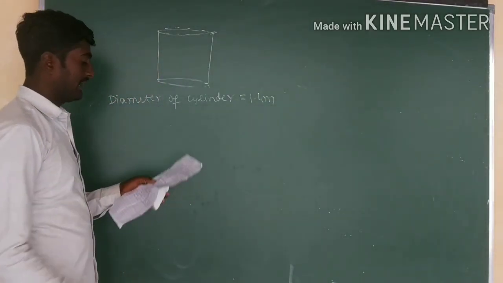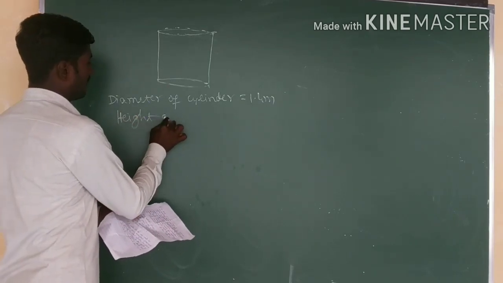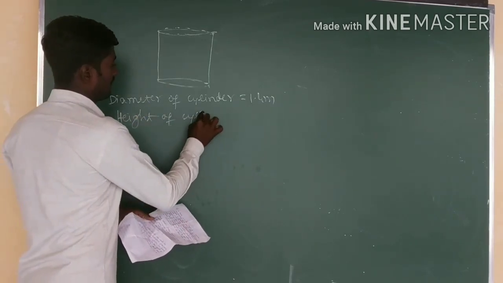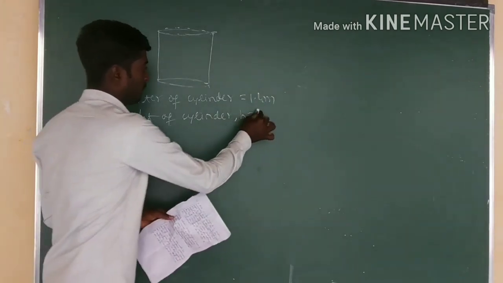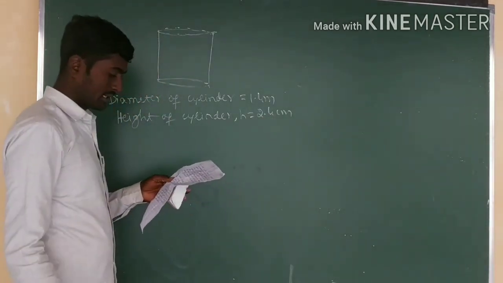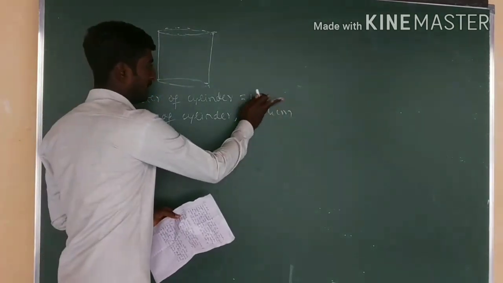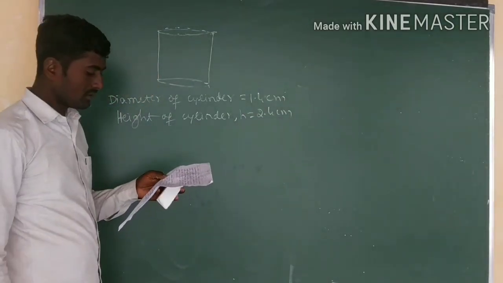And the height of cylinder is given, that is h. So h is how much? 2.4 centimeter. So here 1.4 is centimeter, not meter. So 1.4 centimeter it is.